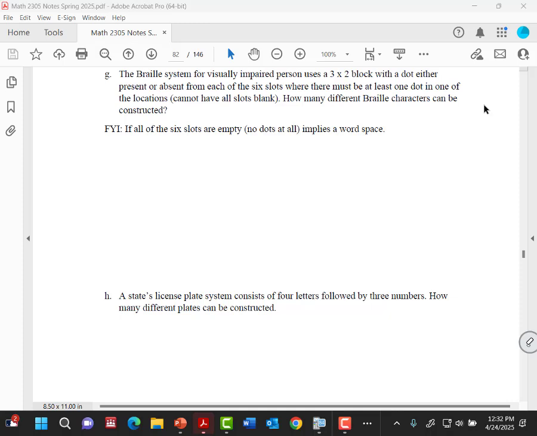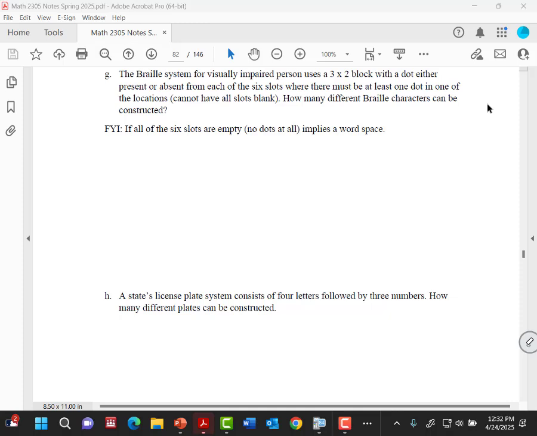How many different Braille characters can be constructed? And just a little FYI right here. If all of the 6 dots are empty, meaning no dots at all, that implies a word space. That signals the visually impaired person that there's a start of a new word.